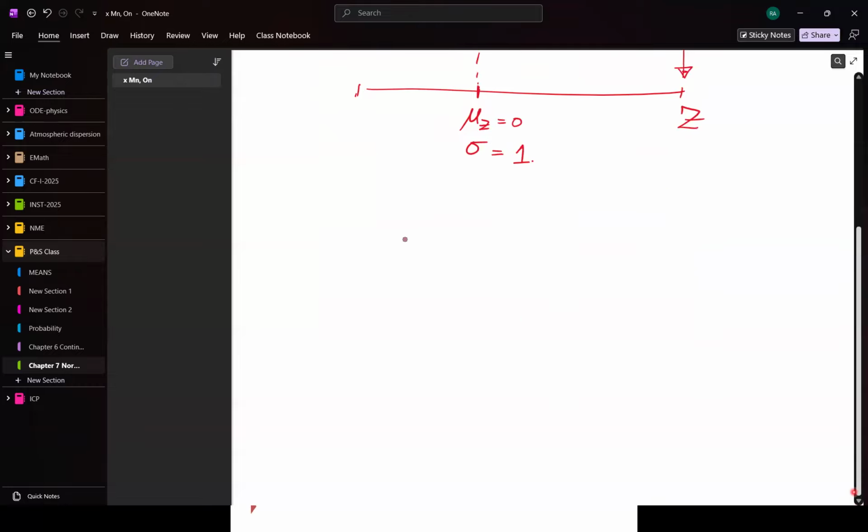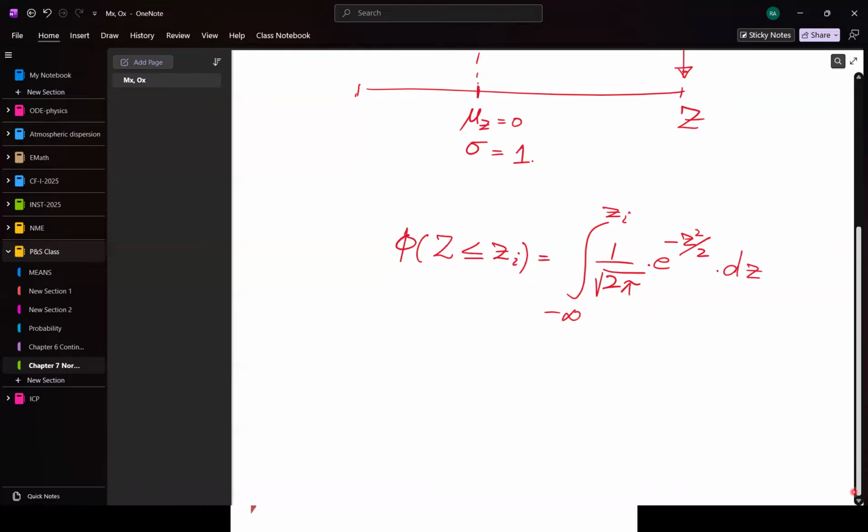We define the probability phi of z, where z is less than or equal to some value zi, and it is equal to the integral from minus infinity to zi of the transformed density function, e raised to the power minus z squared by 2 dz.